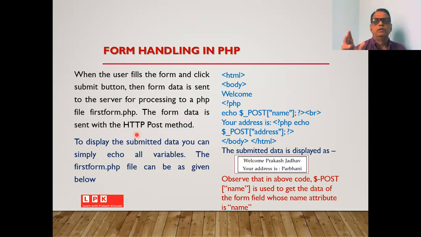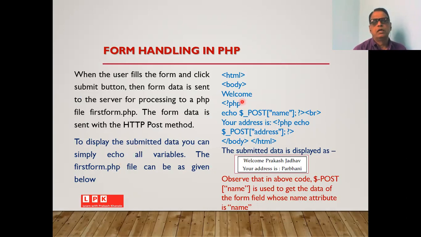In this example, we have used the post method to send the data. Now we will write the corresponding PHP code in order to process the data. This is our simplest type of form, so we will simply process the data and send the data back to the client by making use of the echo statement in PHP.